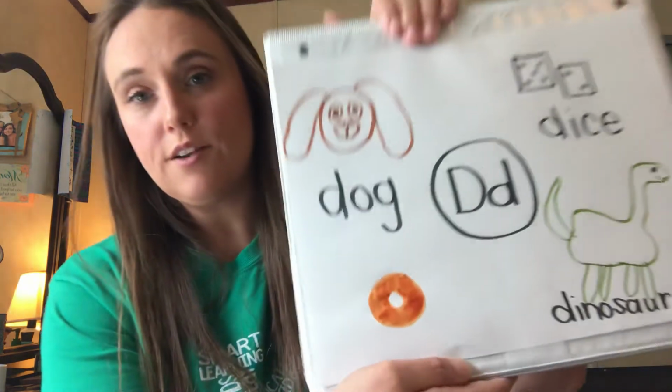Should we put some chocolate on our donut? Why not? Or should we put some sprinkles on it? Let's put some sprinkles on our donut. Sprinkle here, sprinkle there, sprinkle everywhere.